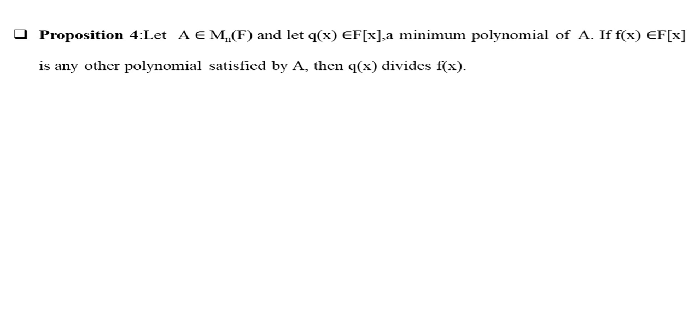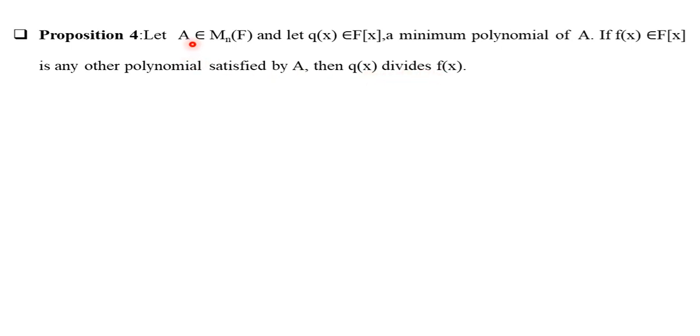Students, here is a proposition for you. Statement: let A belong to Mn of F and let q of x belong to F of x, a minimum polynomial of A. If f of x belongs to F of x is any other polynomial satisfied by A, then q of x divides f of x.